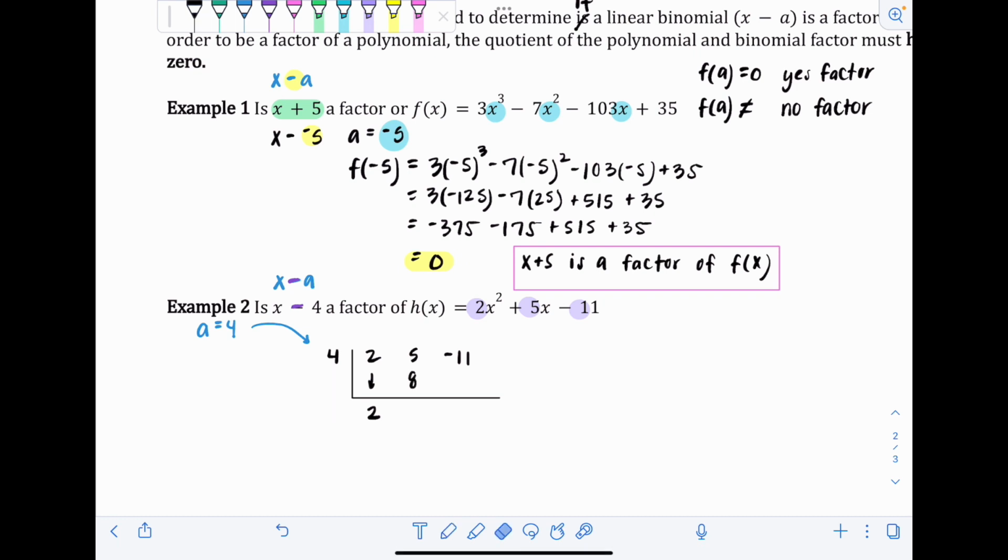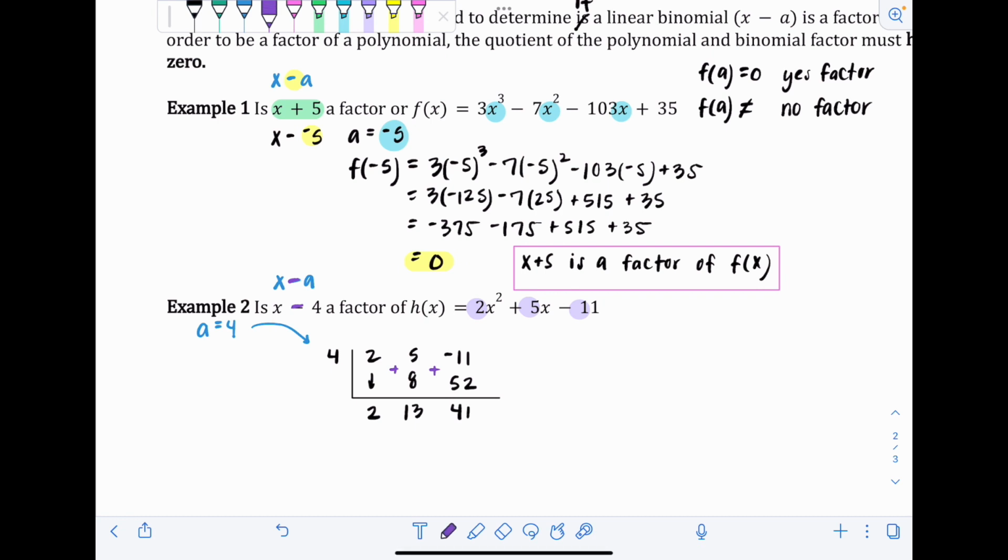And then I add each column for synthetic. So 5 plus 8 is 13, and then I multiply that new number, 13 times 4, which is 52. And then I add each column, so now negative 11 plus 52 is 41.